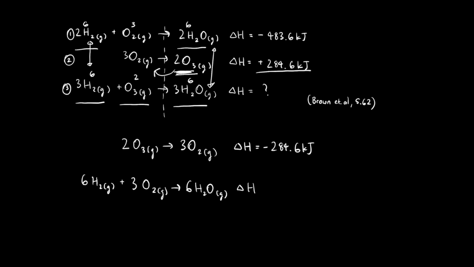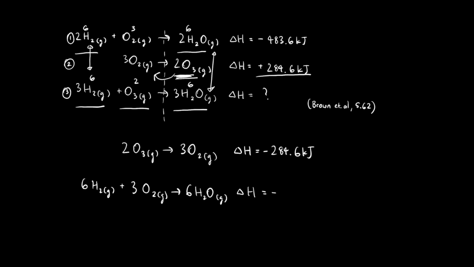So if you multiply the delta H by 3, you get 483.6 times 3, which is equal to negative 1,450.8 kilojoules.